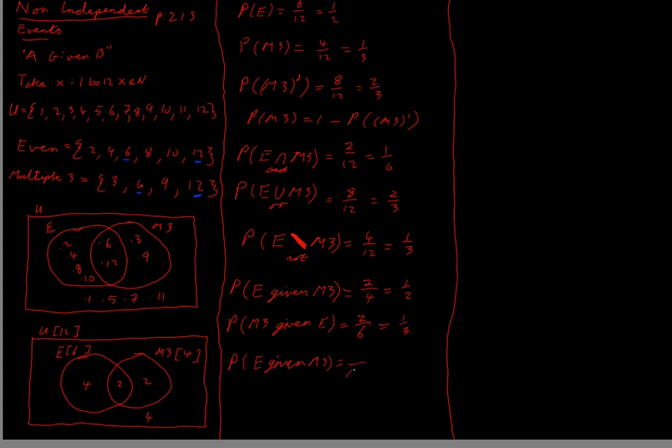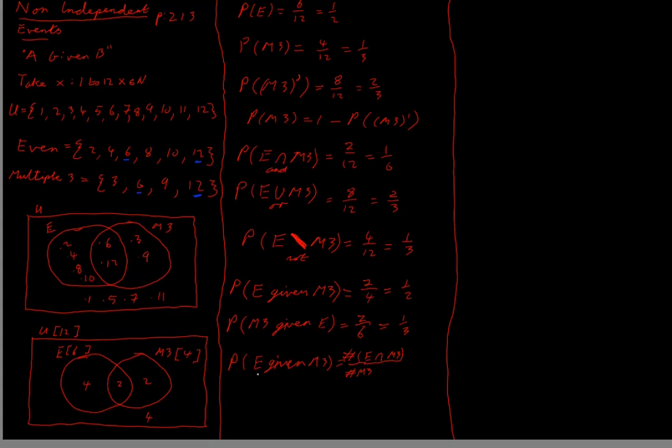So I have the number of ways that I can be a multiple of 3. And where did my 2 come from? It was the multiples of 3 that are also even. Well, what's the way of writing that in set notation? It would be cardinal number of E, even, intersection multiples of 3.